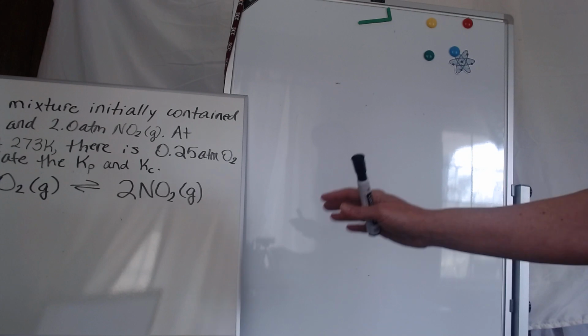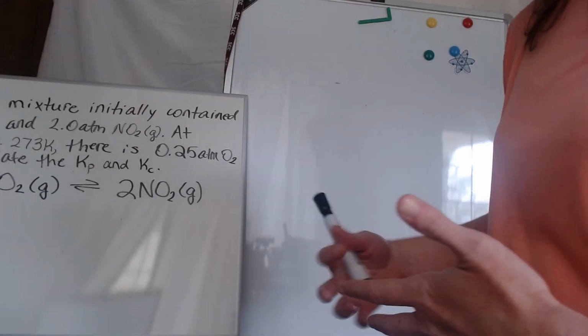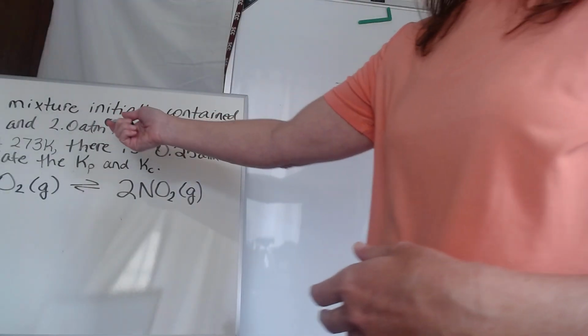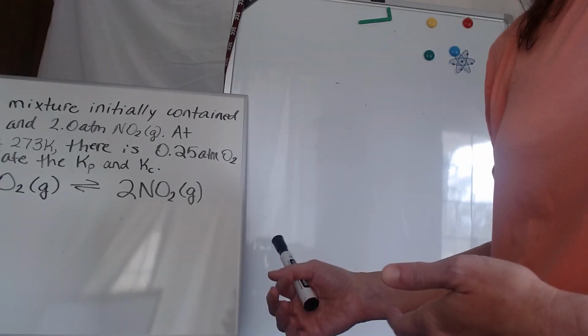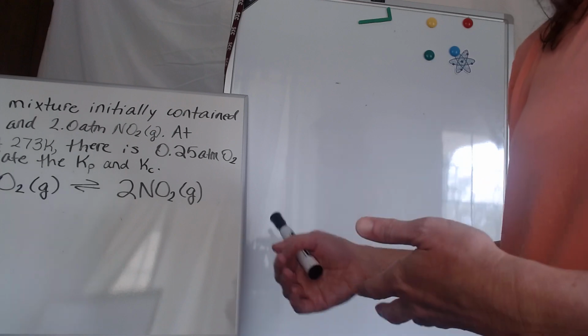So I'm going to write it on the other board over here. So we're going to do Kp first because we have pressure information that's given to us, and so that would be easier to do the equilibrium constant for the pressure.